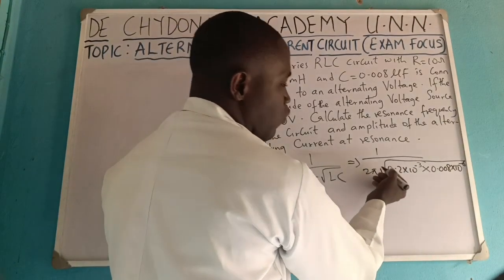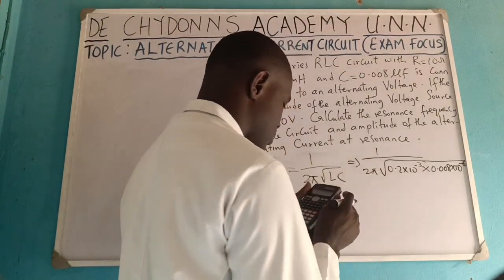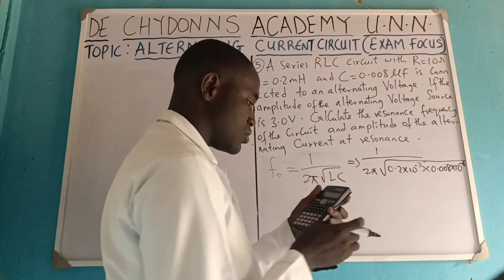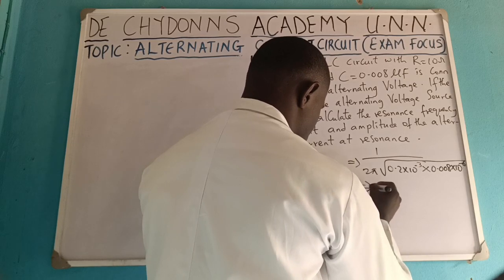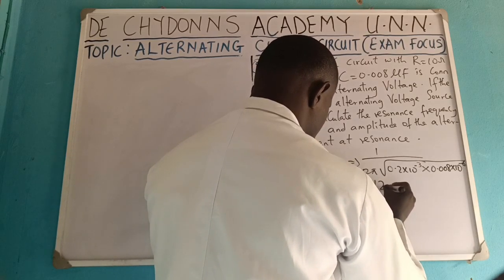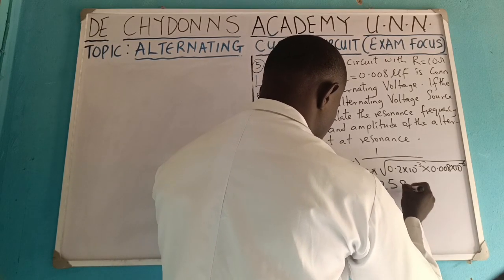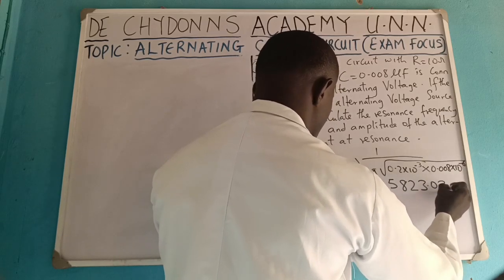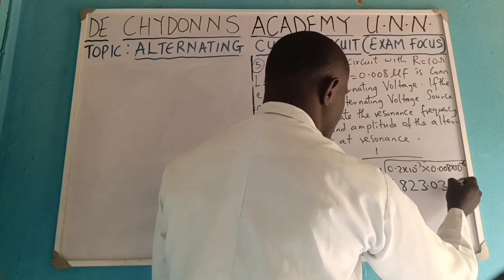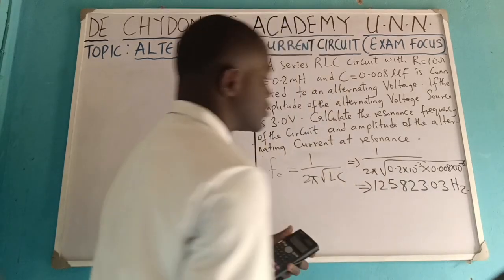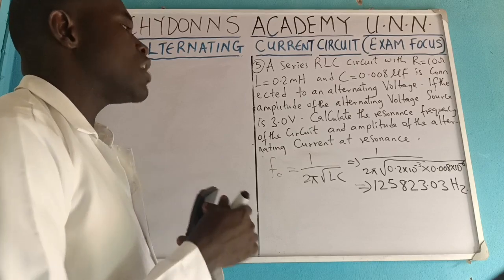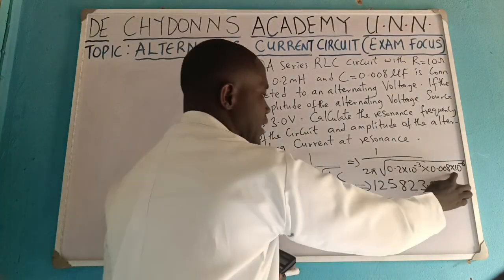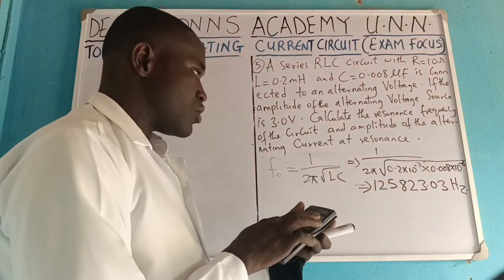Now, the inverse of whatever you get here will be giving you 125,823.03 hertz. If you don't want to do it the way we did it just now, you just multiply. Once you multiply, you get the square root.